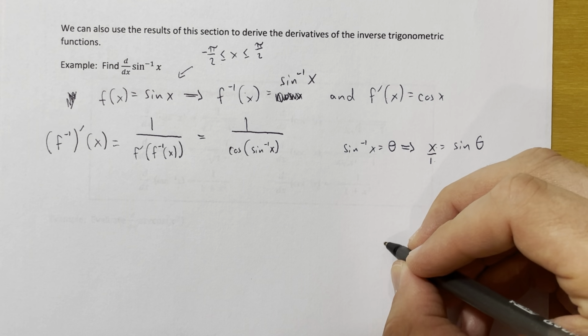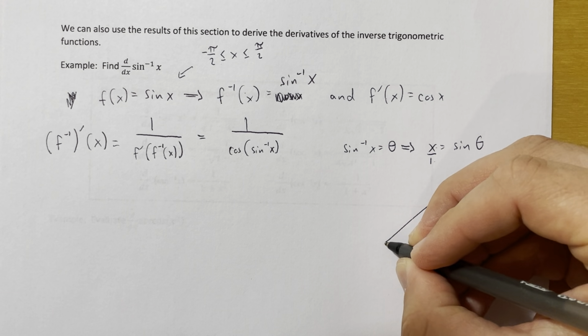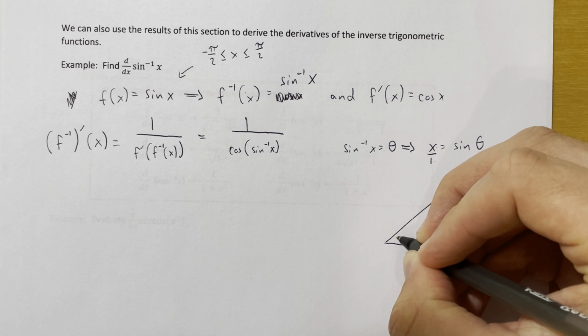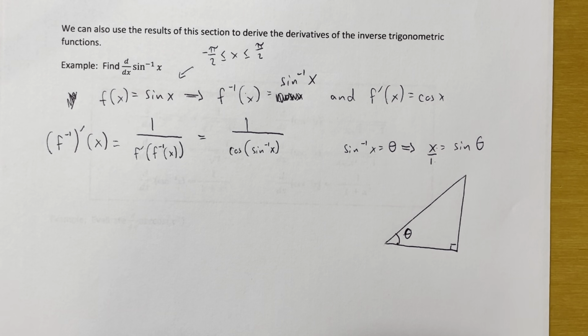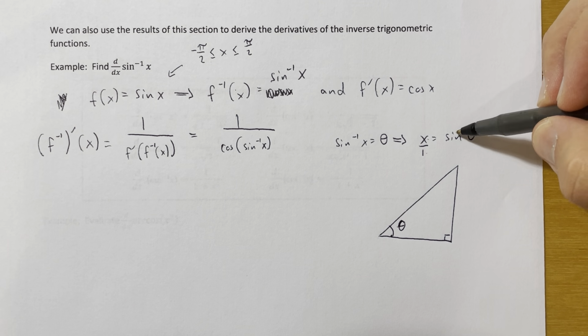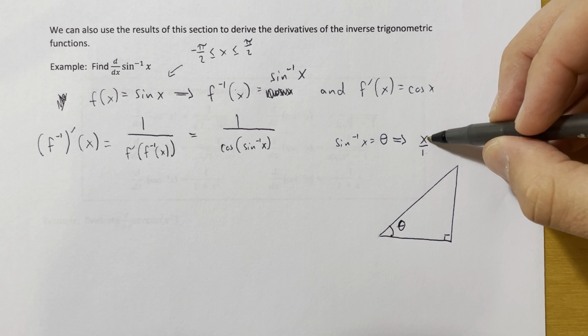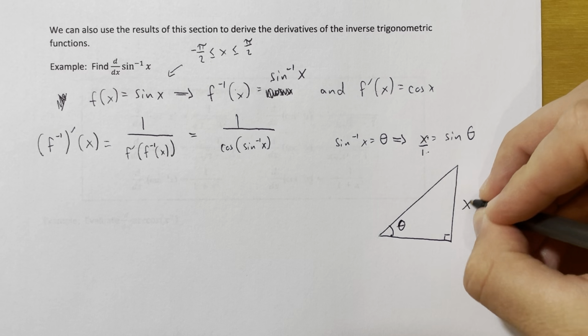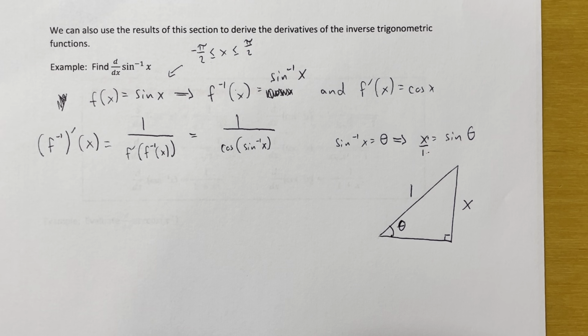Now I'm going to draw a right triangle, labeling theta as one of the acute angles. Again, we've written the sine of that angle as opposite over hypotenuse, x over 1.